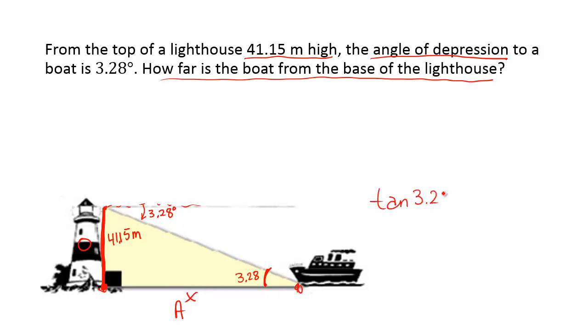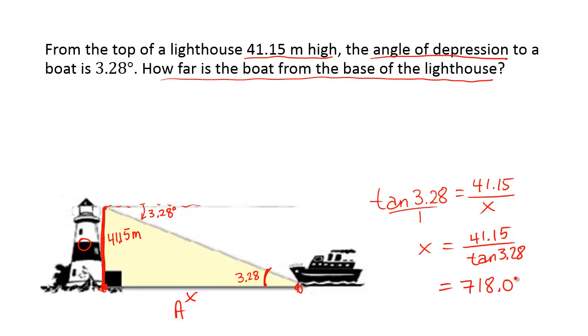Tangent of 3.28 is equal to 41.15 over x, and by cross multiplication you get x equals 41.15 over tan 3.28, which is equal to 718.03 meters.